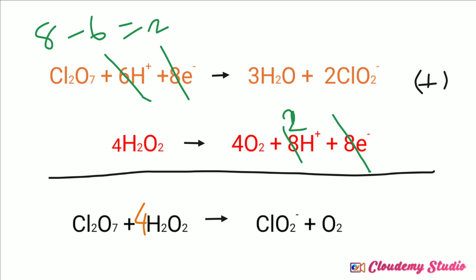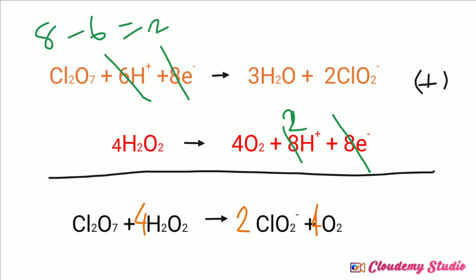Now the right hand side, what substances are left out? 2 ClO2 minus, 3 water at the first equation. So first 2 times ClO2 minus, then here 4 times O2, therefore we can multiply this oxygen by 4 times.